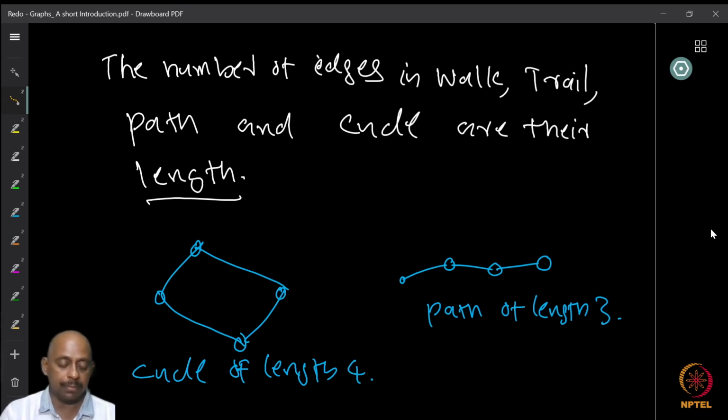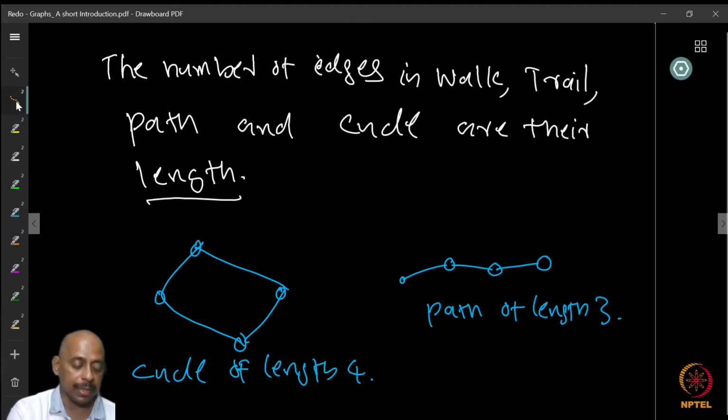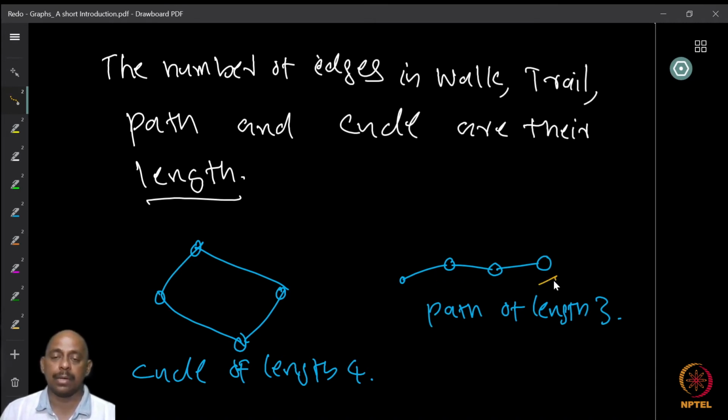Here we have a path of length 3: you have 4 vertices and 3 edges. Then you have an example of a cycle of length 4. You have 4 vertices which form a cycle, so the length of the cycle is 4, and the length of the path here is 3.